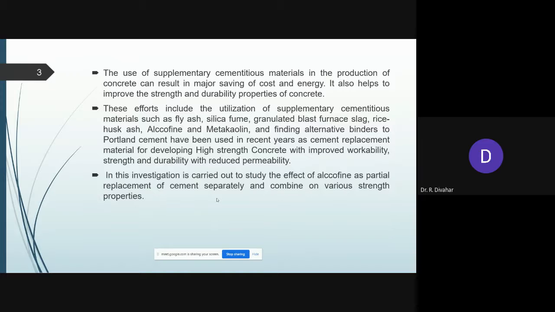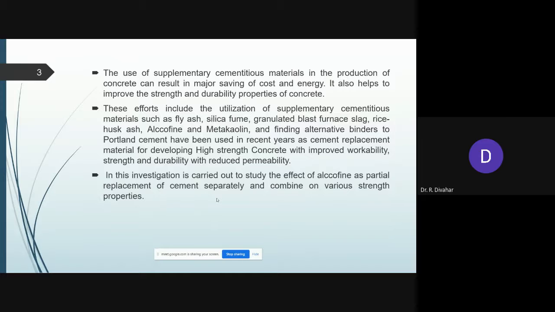These include supplementary cementitious materials such as fly ash, silica fume, GGBS, Alccofine, and metakaolin, used in recent years as alternate cement replacement materials for the development of high strength concrete with improved workability, strength, and durability.